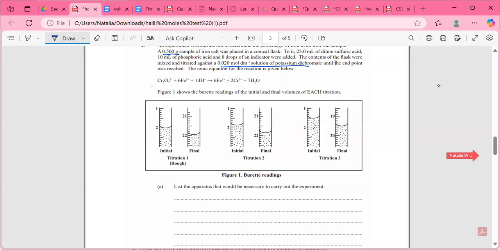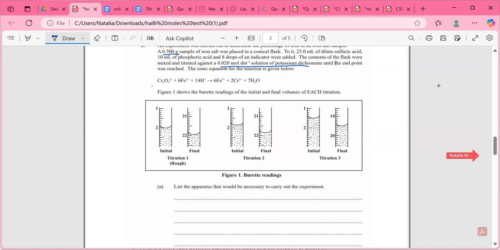Until the endpoint was reached, the ionic equation for the reaction is given below. So I have 1 mole of dichromate ions reacting with 6 moles of iron 2 ions, 14 moles of hydrogen ions, 2 moles of chromium 3 plus ions are formed, and 7 moles of water.